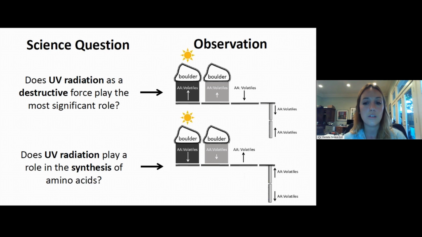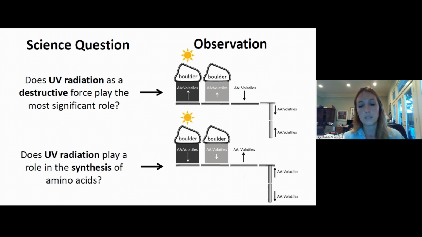And in terms of the role of UV radiation, we can use the relative abundance of amino acids versus volatile organic compounds as indicators for whether UV serves as a destructive force or whether it's involved in the synthesis of amino acids. In the former case, we would expect higher ratios of amino acids to volatiles in areas that are shielded from UV, for example, in the shadowed regions or at the greater depths.